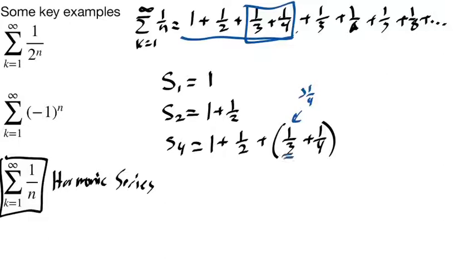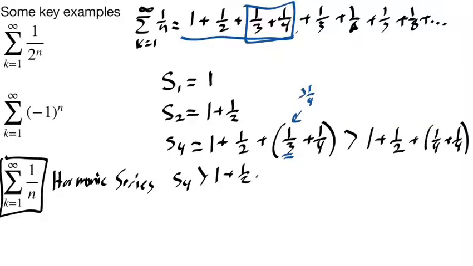So this term right here is bigger than a fourth. So I can say that this series, whatever it is, must be bigger than 1 plus a half plus a fourth plus a fourth. But that means that S4 is bigger than 1 plus a half plus a half. All right, let's try this again. And now let's do the same thing for S8.